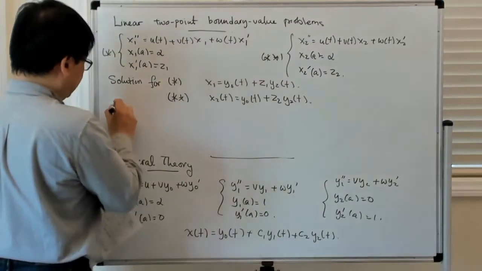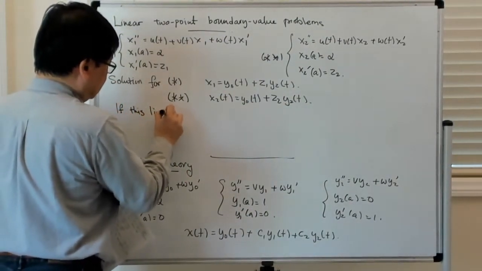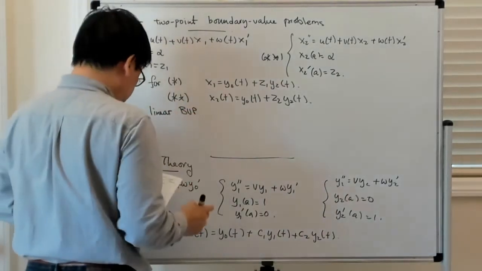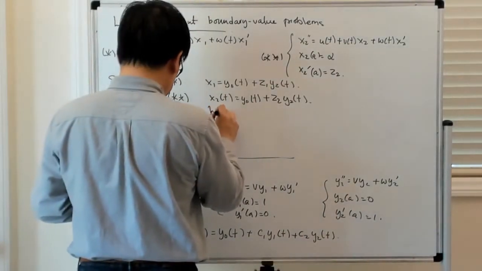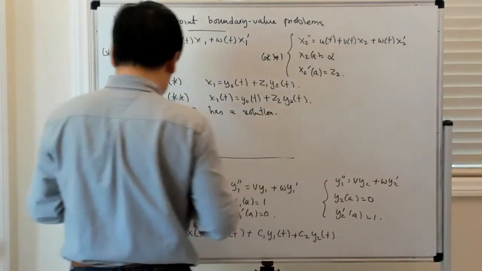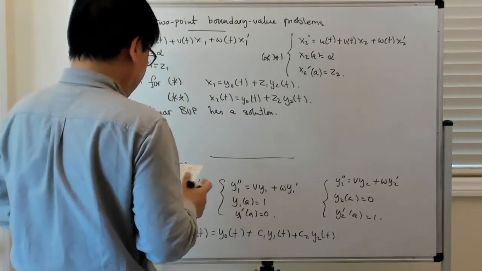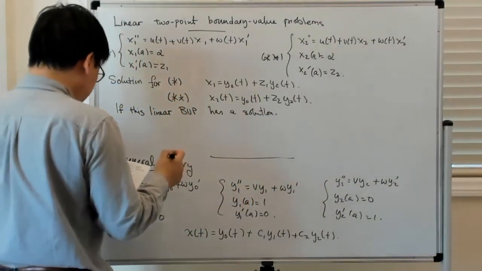So, all right. If this linear boundary value problem has a solution, what has to happen is that it satisfies the boundary conditions, which were the alpha and beta conditions.